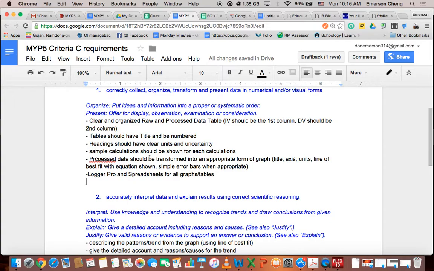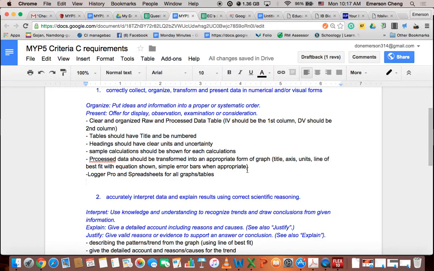Processed data should be transformed into an appropriate form of graph. Now here's a list of things you need to have for a graph. I'll say it now. If it is continuous data, then you make sure you use a broken line graph.